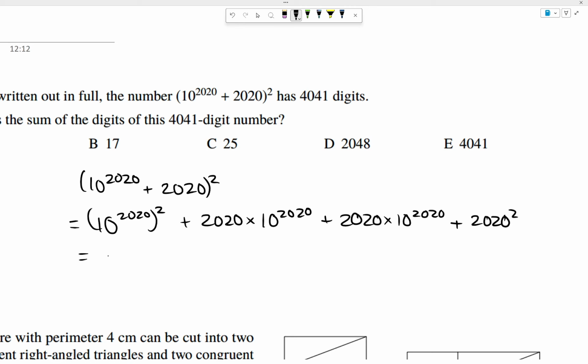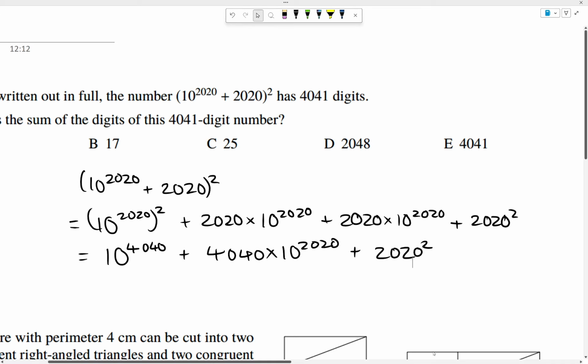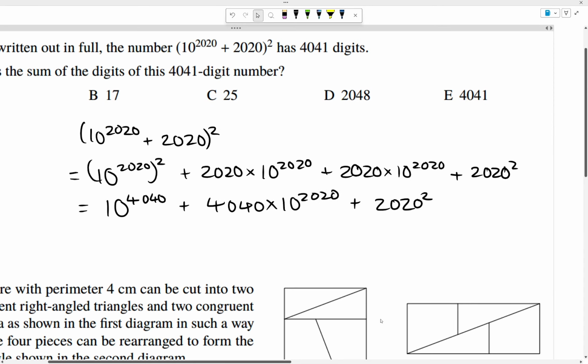And that's equal to 10 to the power of 4,040 plus 2 times, I'm going to write this as 4,040, times 10 to the 2020 plus 2020 all squared. And we've been told that this has 4,041 digits, which you can see from the fact that we have 10 to the power of 4,040, which would give us the 4,041 digits.